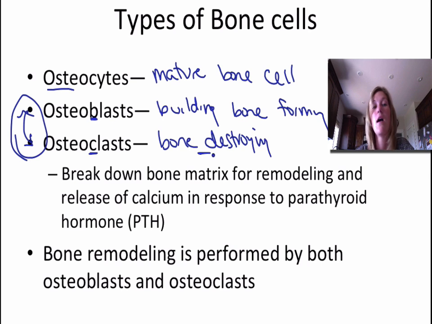So the breakdown of the bone matrix for remodeling will release calcium in response to the parathyroid hormone, or PTH. And don't worry about the parathyroid hormone too much right now. We have a whole chapter, second semester, that's dedicated to the endocrine system. And then bone remodeling is performed by both the osteoblasts and the osteoclasts.